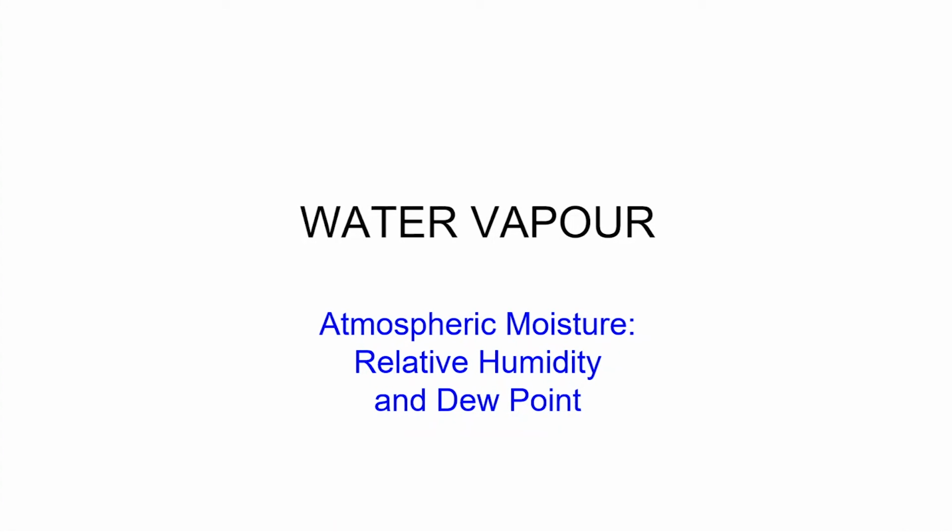So now I'm going to cover water vapor. Why do we need to study water vapor? Because this water vapor supplies the water required for rainfall. Okay, so we need to know.